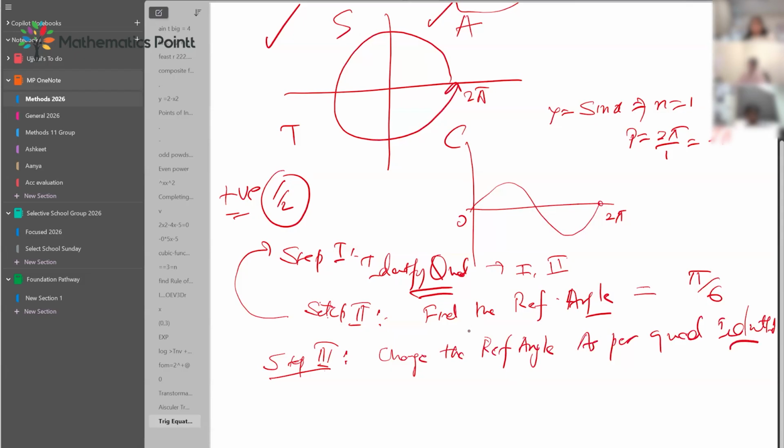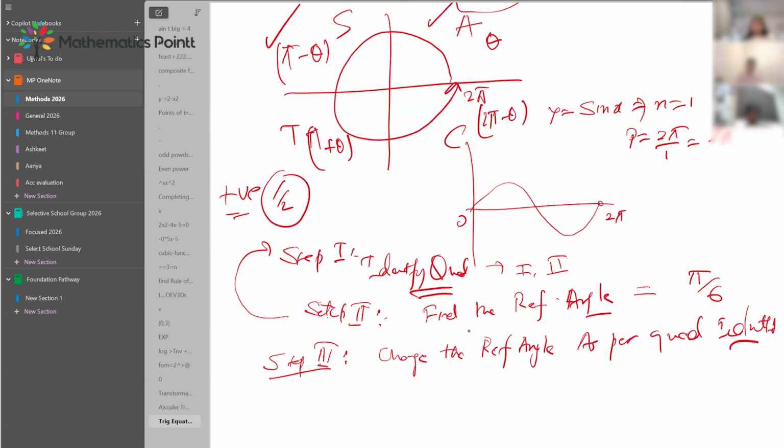As I told you in my previous session, first quadrant value is theta, second quadrant value is pi minus theta, third is pi plus theta, and this is for an anti-clockwise rotation, and fourth is 2 pi minus theta.